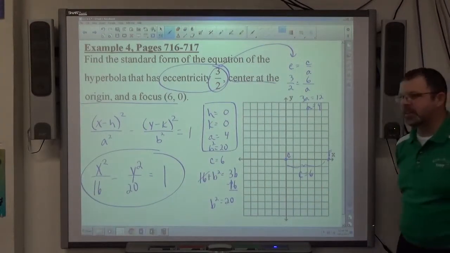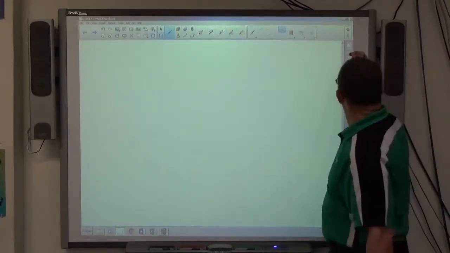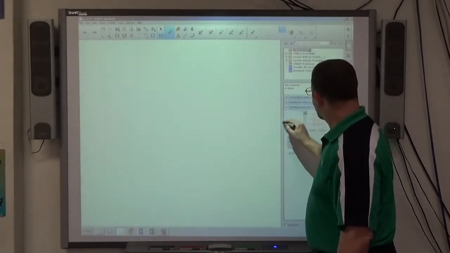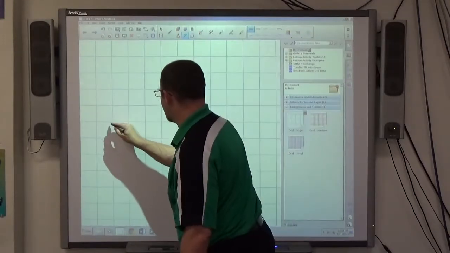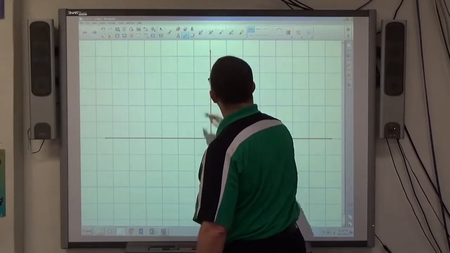Real quick, just in case they use some terminology here, I just want to get this on the video. With hyperbolas, if I have an x-axis and a y-axis, let's just do a basic hyperbola here.